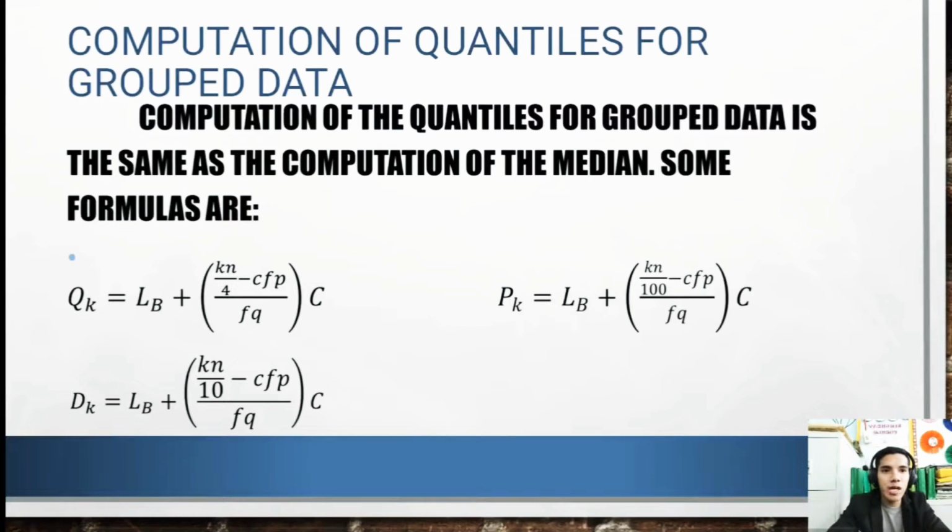And lastly, for our percentile, we have P sub K is equals to lower boundary or LB plus K times N all over 100 minus cumulative frequency preceding to our percentile class, which is the CFP, all over frequency multiplied to our class interval. To further understand this topic, we have our example.